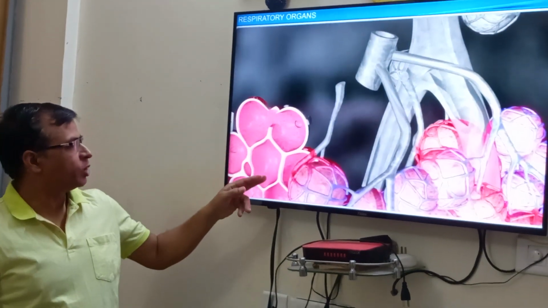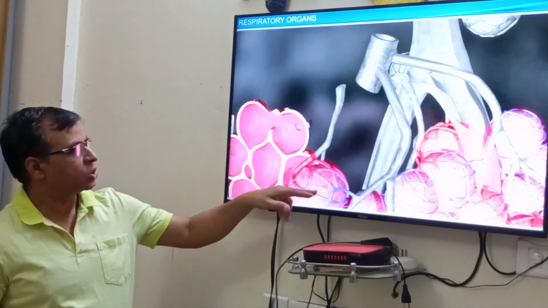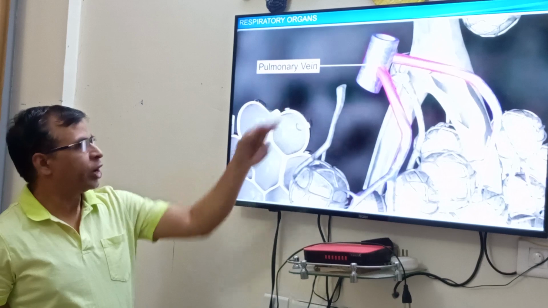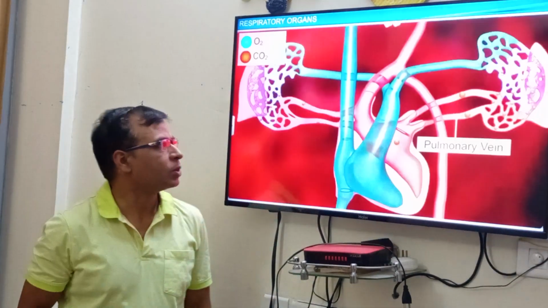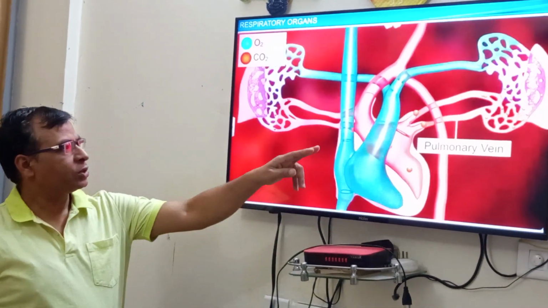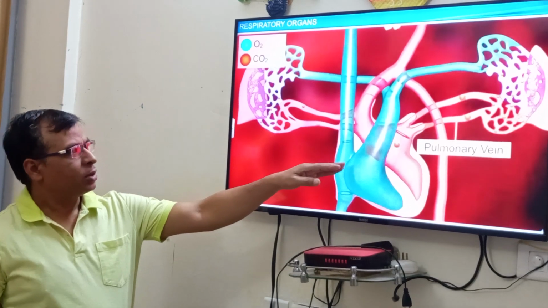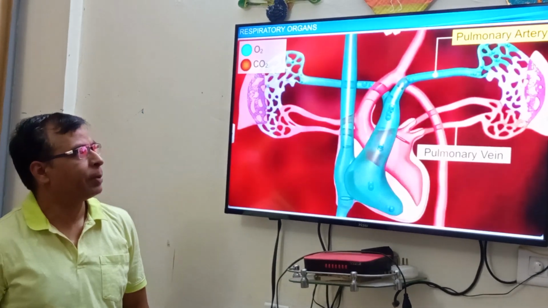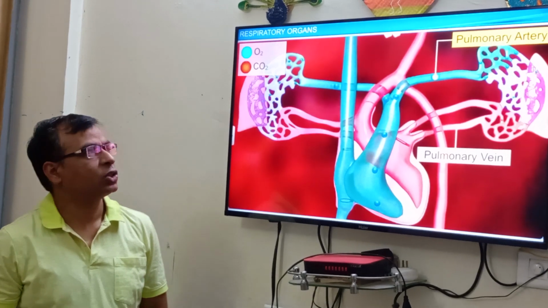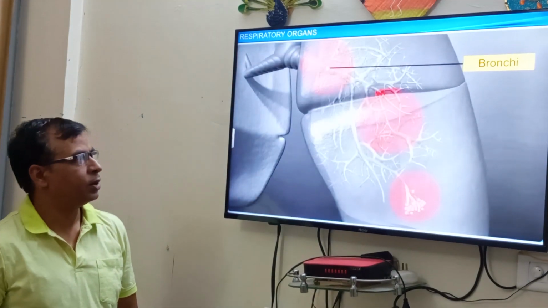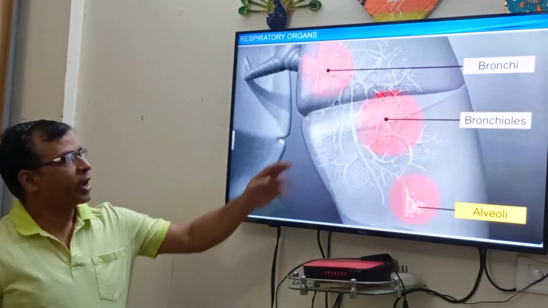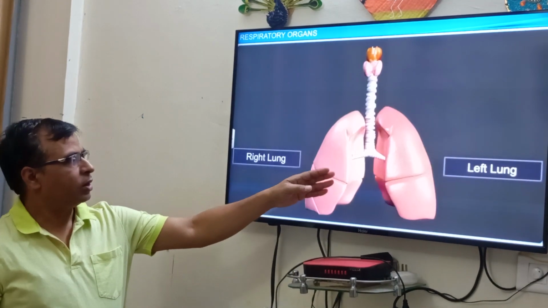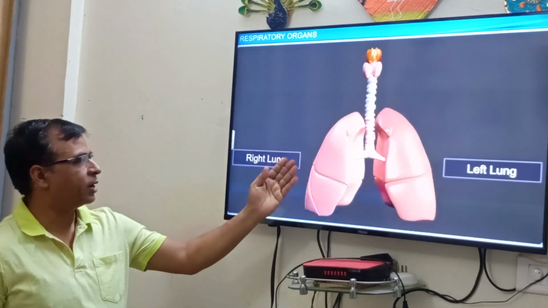See, this is the structure of the alveoli, and the alveoli are connected to the pulmonary vein. The pulmonary veins pass the oxygenated blood, and the pulmonary artery passes the deoxygenated blood. Bronchi, bronchioles, and alveoli make up the lungs, left lung and right lung.